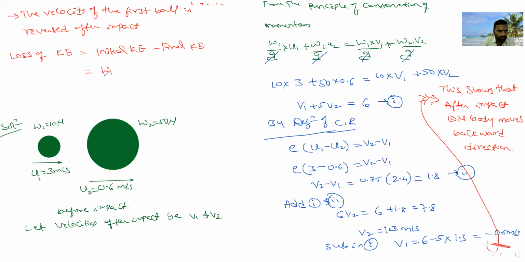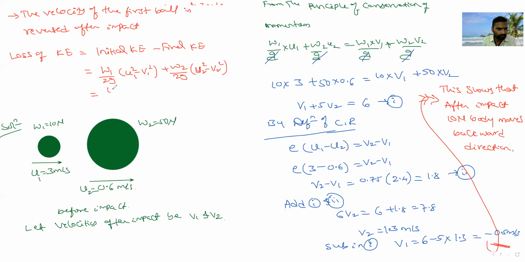W1 divided by 2g into u1 square minus v1 square, plus W2 by 2g into u2 square minus v2 square. If you don't remember this, you can directly determine initial kinetic energy minus final kinetic energy. You can write it like this also. Okay, substitute and tell me the answer.